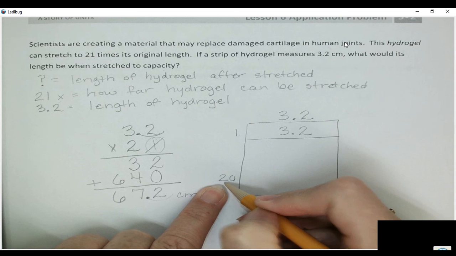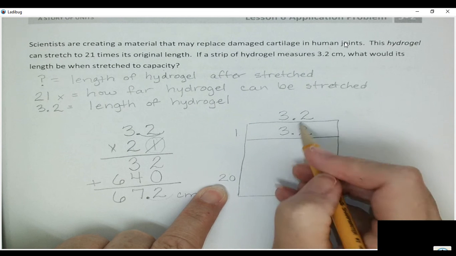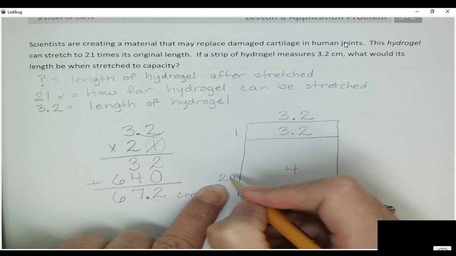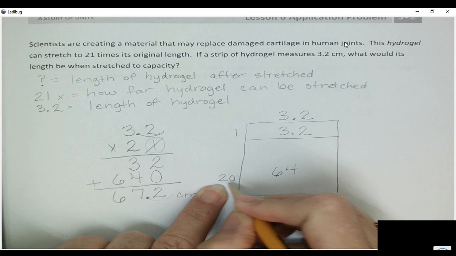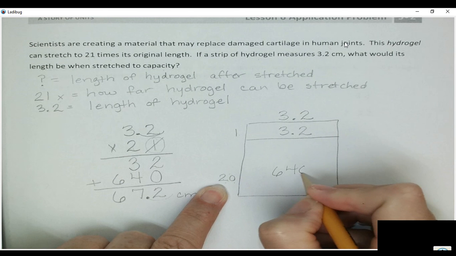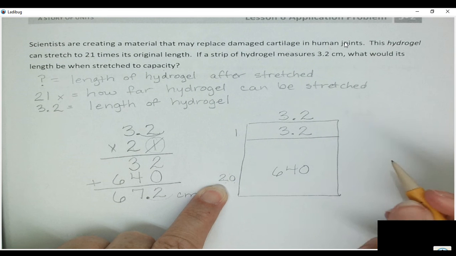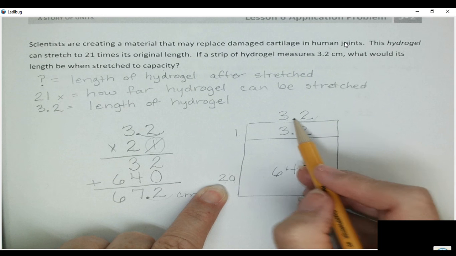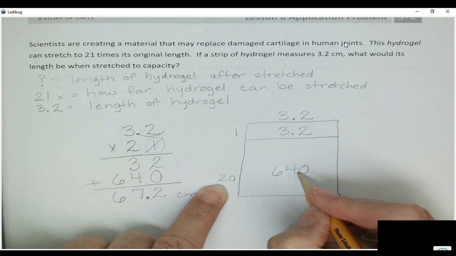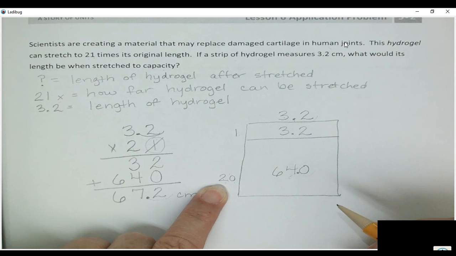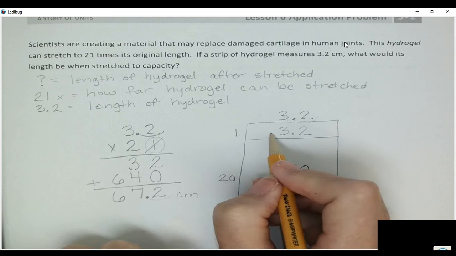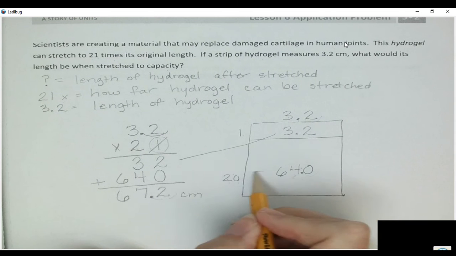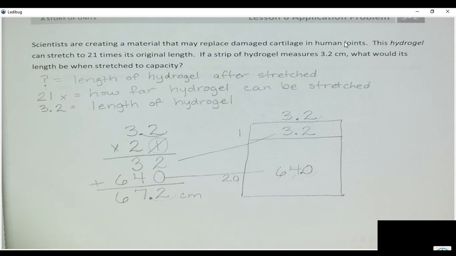So 2 times 2 is 4, and 2 times 3 is 6. And remember, we're multiplying by a 10, a multiple of 10, but our decimal moves over, so that answer is 64. So now we add those two partial products, just like we did here, and there is your answer.